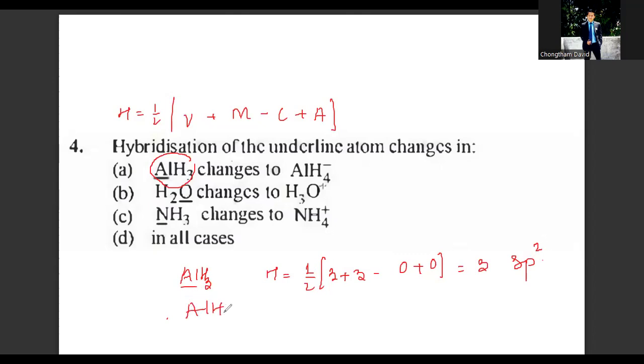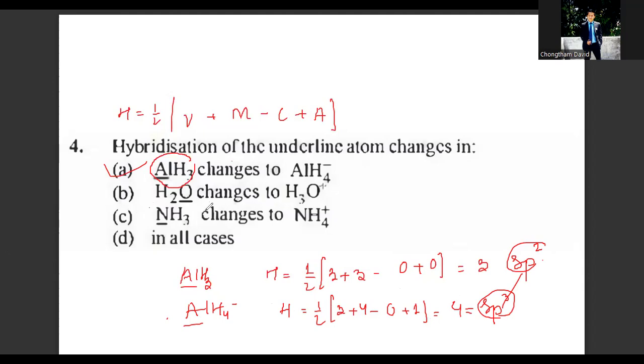However, for AlH4 minus, the hybridization of this aluminum would be half of 3 plus 4 minus 0 plus 1. The answer would be 4. This is sp3. So you know that the hybridization changes from sp2 to sp3. A is the answer. You can verify for the remaining species also.